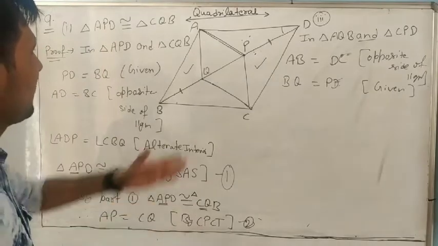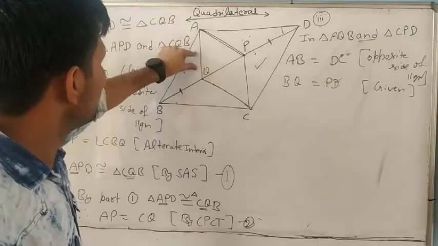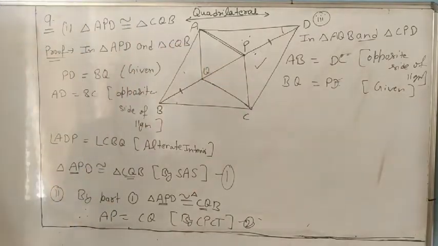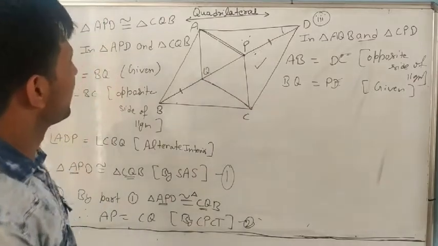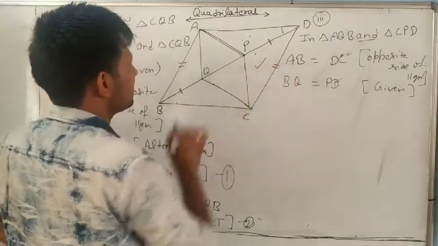Now tell me, can you say that AQ is also equal to PC? No, but this side is equal to this one and this side is equal to this one. Now what is remaining?